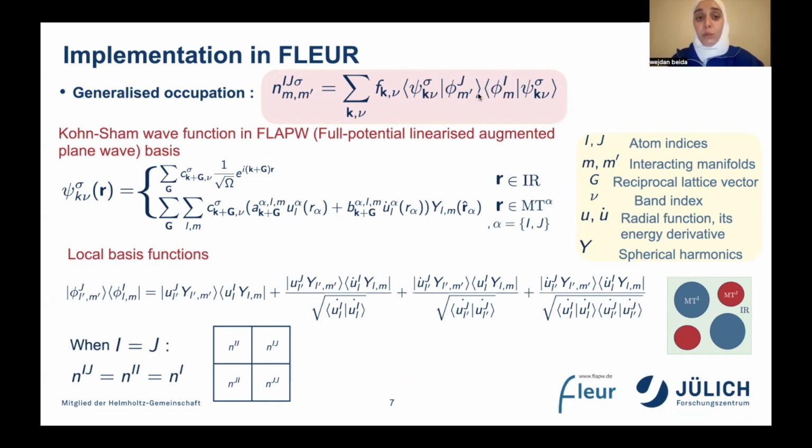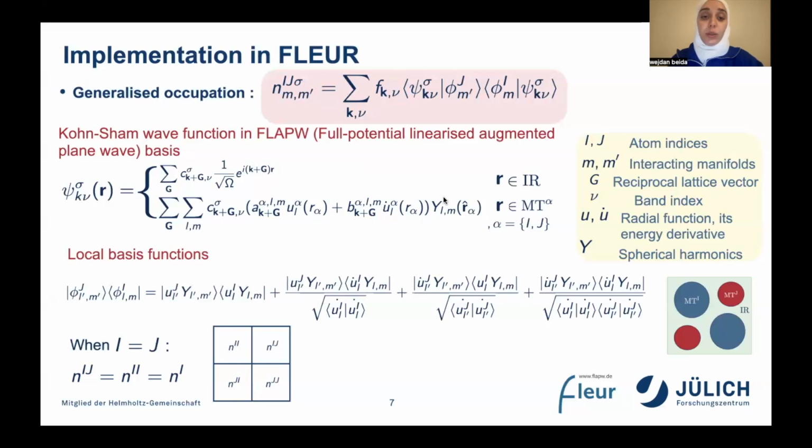We have this form for the inter-site occupation matrix, and in the Fleur code we divide our space into two parts. The first is the muffin tins, which are spheres around the atoms, and the region in between the muffin tins is the interstitial region. A Kohn-Sham wave function in the FLAPW basis is expanded in the interstitial region as plane waves, while in the muffin tins, they are products of either the radial function or the energy derivative of the radial function multiplied by the spherical harmonics.